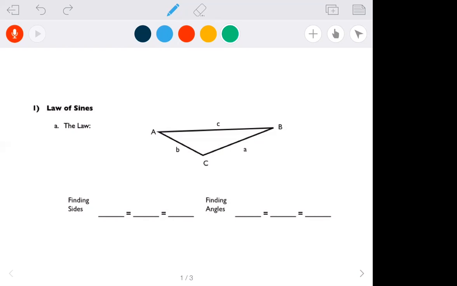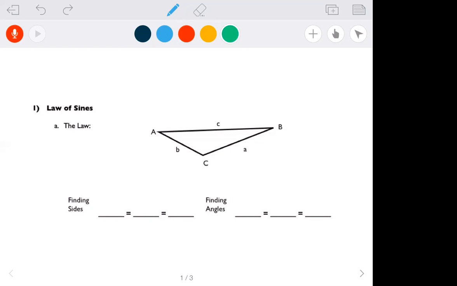Now, what the law of sines is, when we're trying to find a side length of one of these triangles here, here is the law of sines. This is something that you're going to have to memorize, just like we did with the quadratic formula.